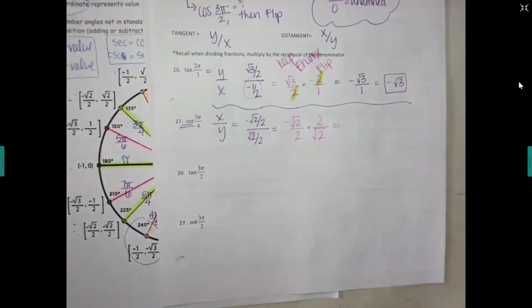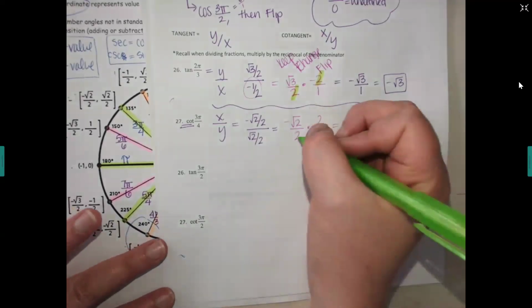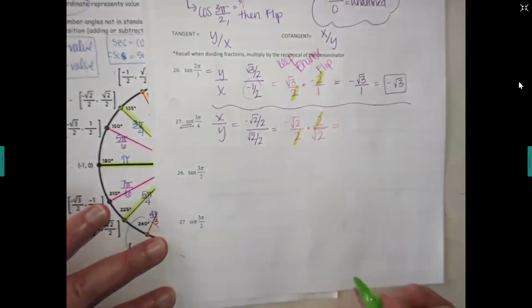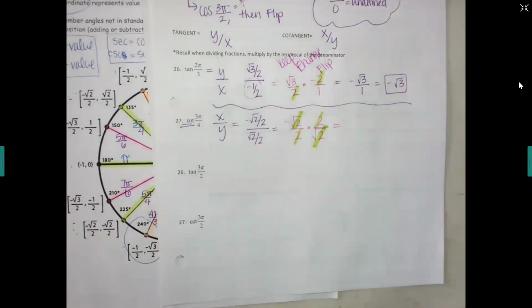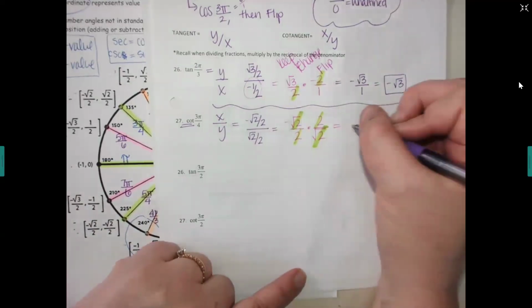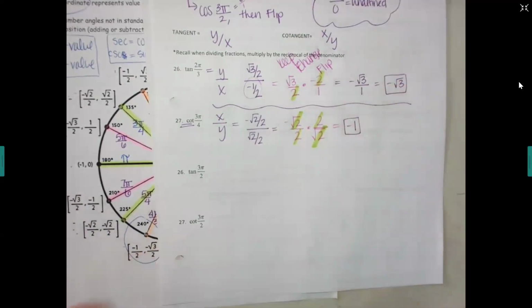What am I going to cross out here? Basically everything, right? You got the 2's, gone. You got the √2's, gone. Negative stays, and you got to keep a 1 on it for a placeholder. That's right. Okay, so -1 would be correct there.